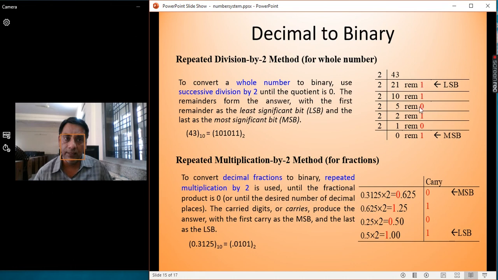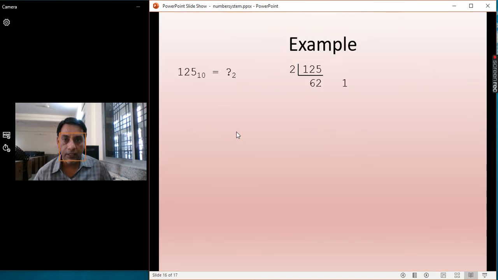You can see here in the red spot, all the remainders are to be stored. These are represented by LSB and then MSB, and we represent the number from MSB to LSB, that is most significant bit to least significant bit. So that is from lower to upper.